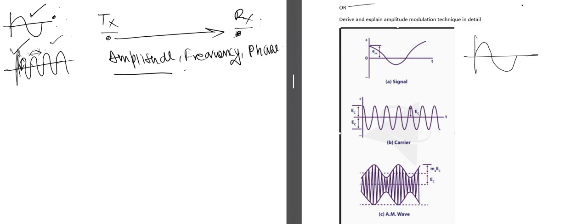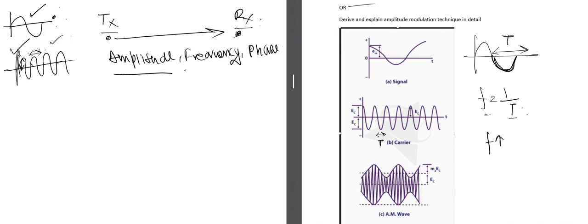The message signal is a low frequency signal and the carrier signal is a high frequency signal, because if we consider this time period t for this negative half cycle, and for the carrier signal this negative half cycle is also t. As I have said, the message signal is a low frequency signal and the carrier signal is a high frequency signal. Now, f is equal to 1 by T: frequency is equal to 1 by time period.